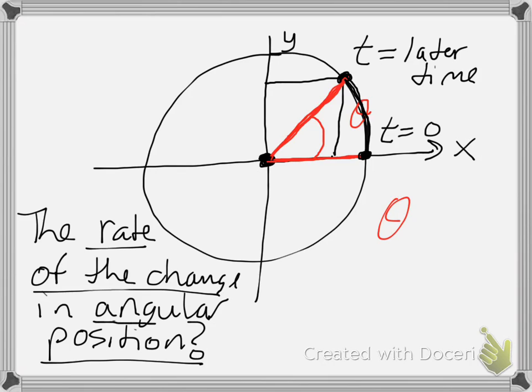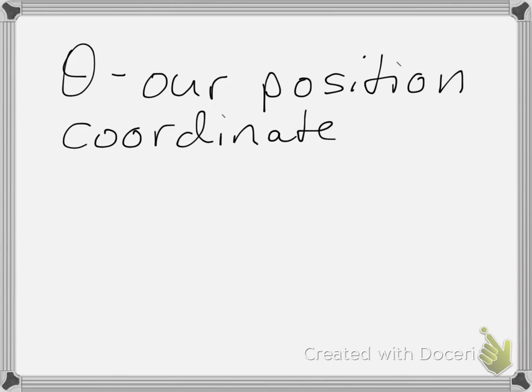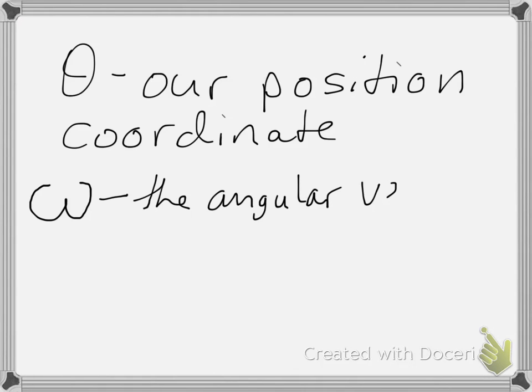And because now we're moving in angular quantities or angular displacements rather than linear displacements, we're going to give this the term angular velocity. And we're going to give it a special letter. It looks like a W, but it's in fact a Greek lowercase omega. And this is the angular velocity.